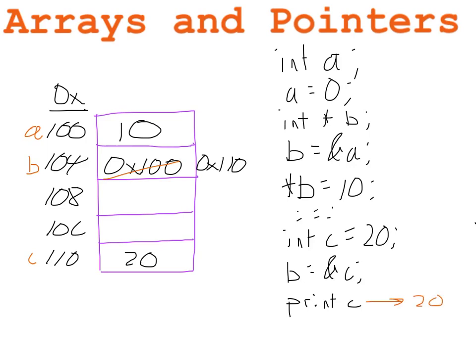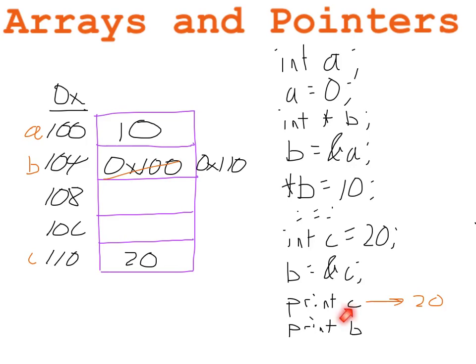Let's try and print 20 using our pointer b now, which we've initialized to the address of c. The way we would do that would be print. Now, if we just said print b, what that would actually do is the same thing that we did when we said print c.